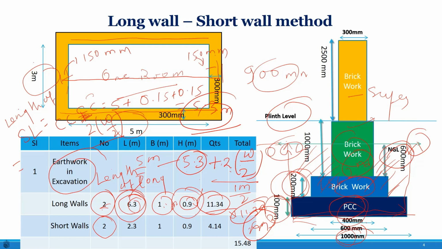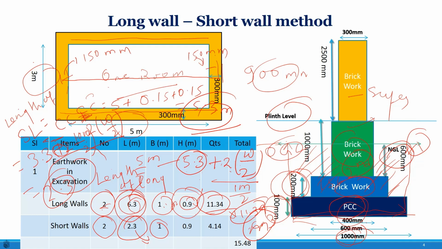So the internal dimension is 3 meters, then your center to center distance will be 3.3 meter, and half of the width means 1 meter divided by 2. In the short wall we need to have the minus, so 3.3 minus 1 is 2.3 meter. That's what we have written as 2.3 meter.